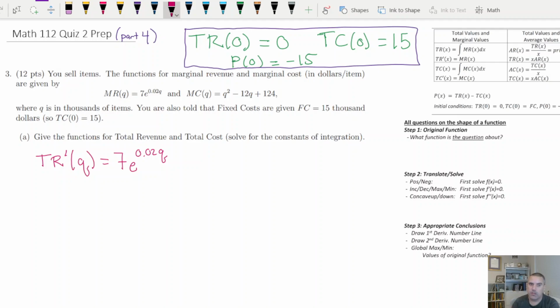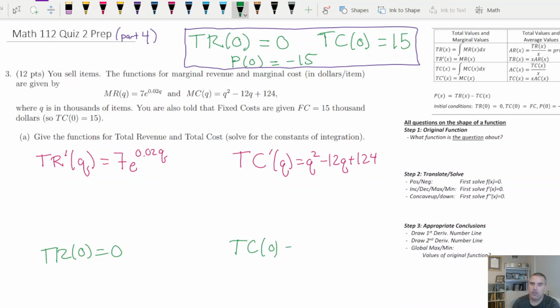I'm also telling you the derivative of total cost, which is q squared minus 12q plus 124. In addition, I'm giving you initial conditions: total revenue at 0 is 0. So you have to know that. And total cost at 0 is 15. They told us that. So then how do we finish this question?